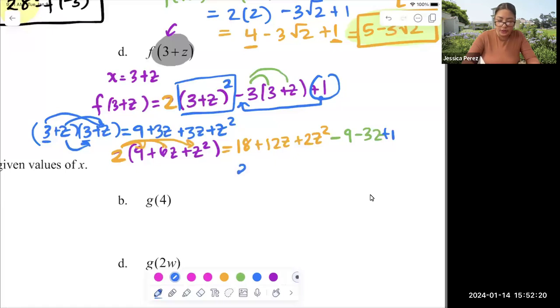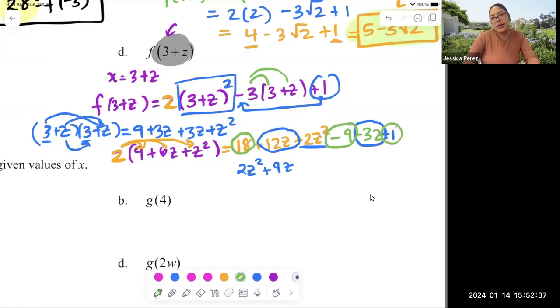So I have a 2z squared right there. And then I have 12z minus 3z. That's a plus 9z. And then I have 18 minus 9 plus 1. 18 minus 9 is a 9, plus 1 is a plus 10. So this is exactly f of 3 plus z.